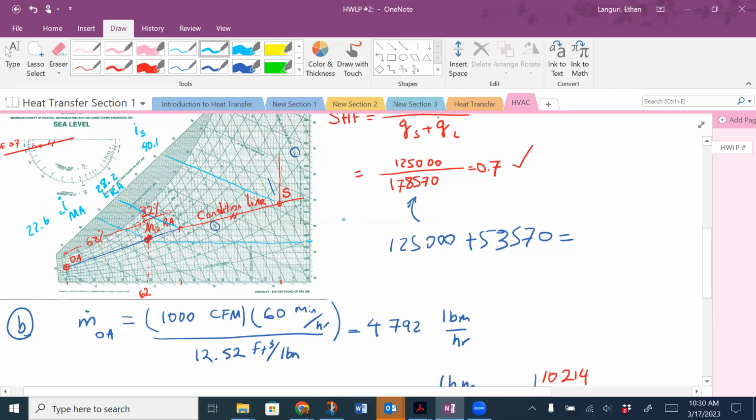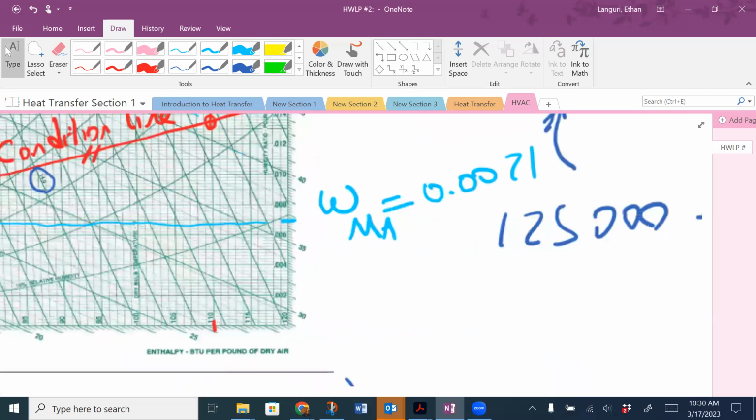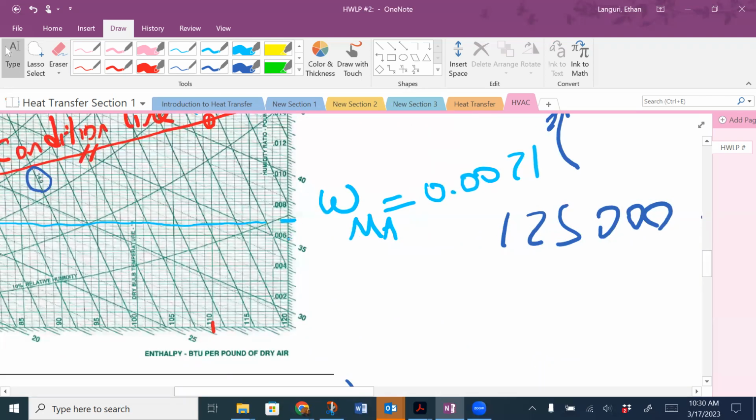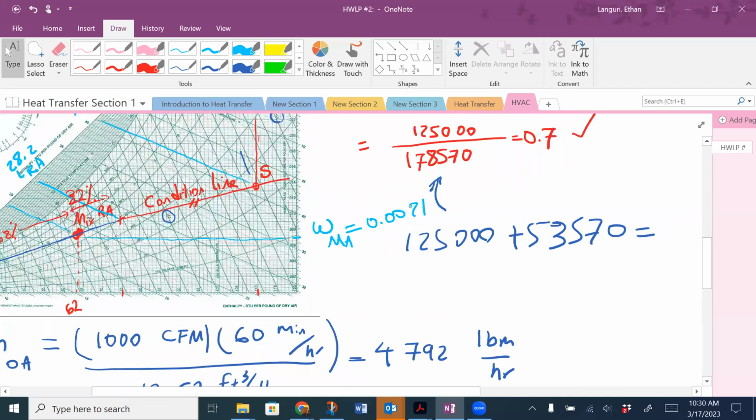Somewhere here, if you zoom in, you get the W of mixed air equal to 0.0071. Between 6 and 8, so that's what I picked, 7.1. So make sure this is 7.1.